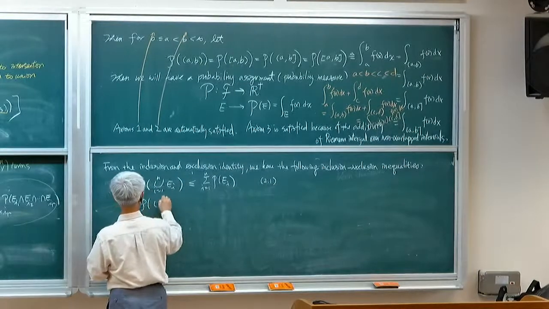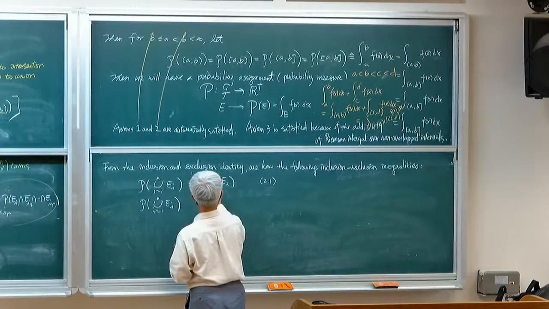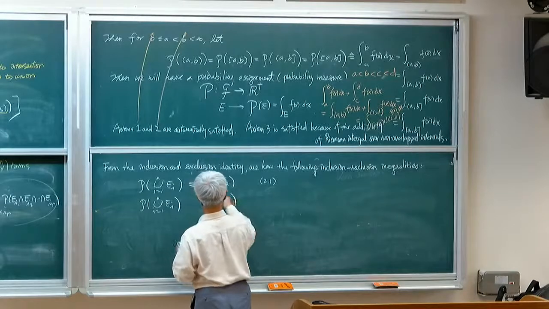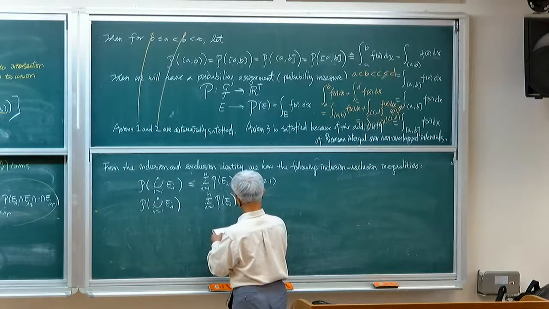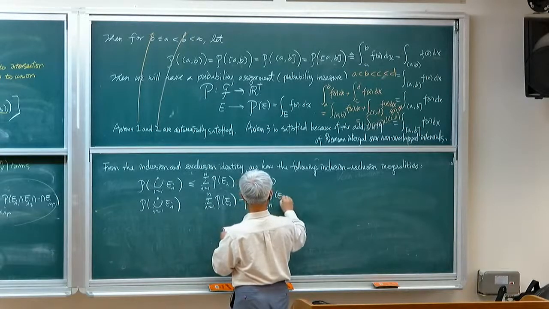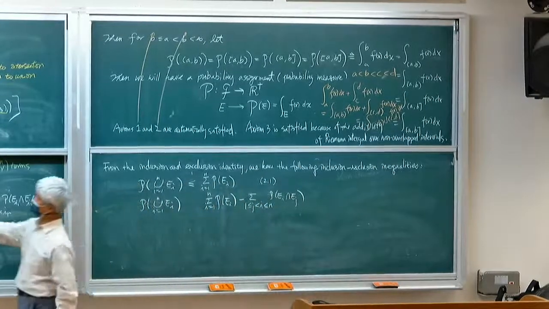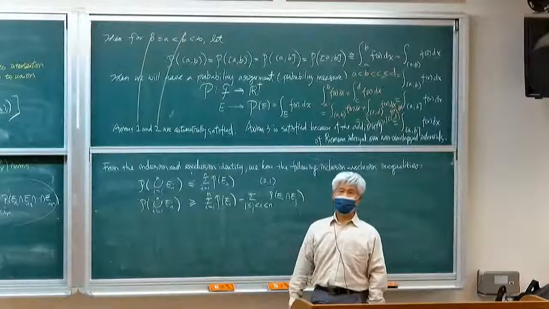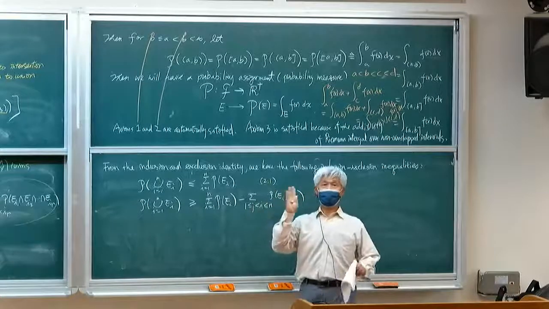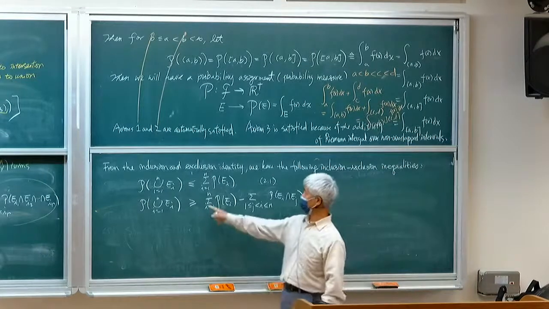But if we take one inclusion and then the exclusion, so now if we include the second term here, then the inequality will change direction, because we subtract too much, and so we have to turn the direction.